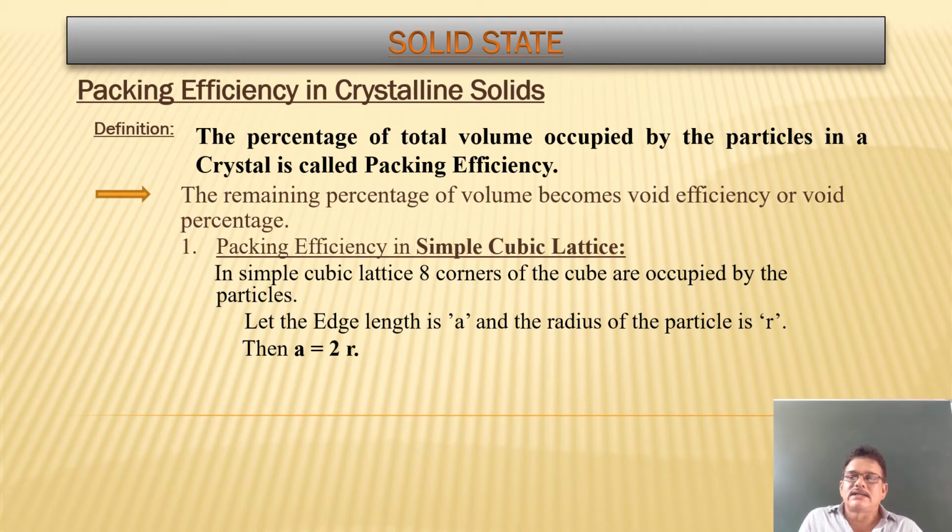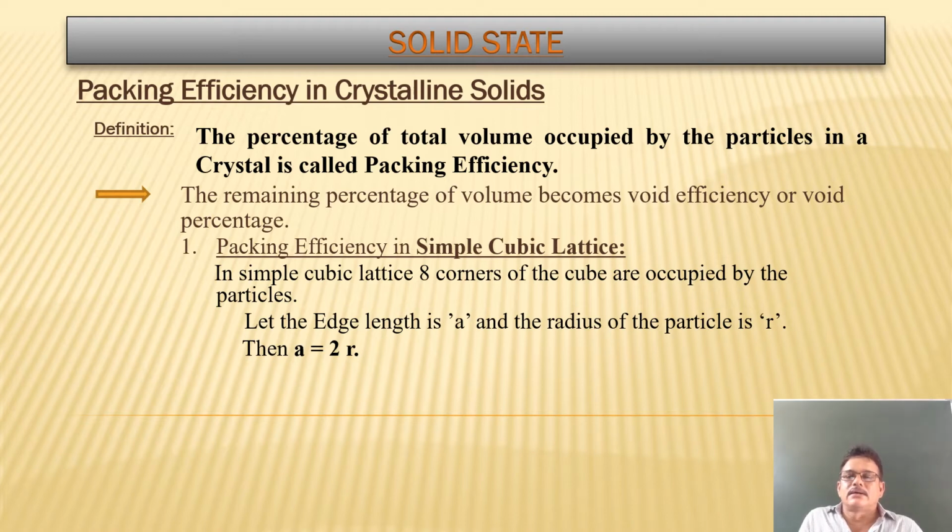We know that in cubic system, three types of unit cells are present: simple cubic unit cell, face centered cubic unit cell, and body centered cubic unit cell. In simple cubic unit cell, all the 8 corners of the cube are occupied by the particles. Okay.